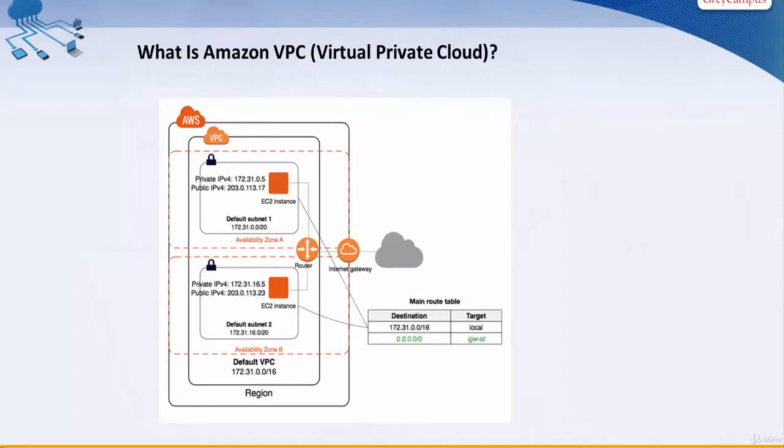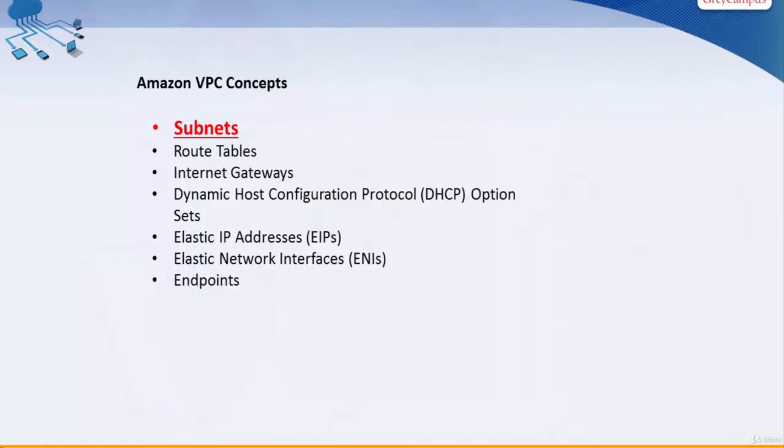The VPC looks simple from the outside, but there are a lot of things going on in it, like the subnets, routing tables, internet gateways, and DHCP providing dynamic IP addresses.